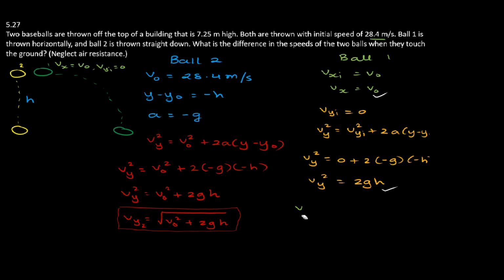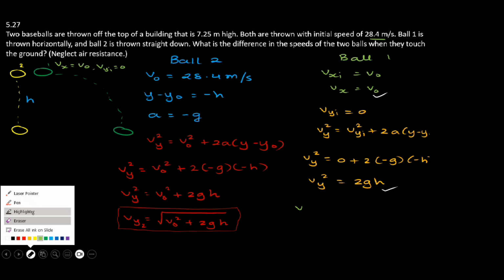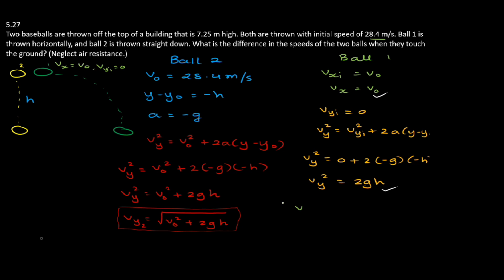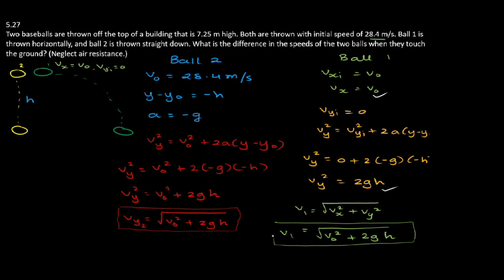My final velocity for ball 1 will be the square root of the x component squared plus y component squared. X component is just V0, so I write V0 squared plus what is Vy squared? Vy squared we found as 2gh. So this is V1.